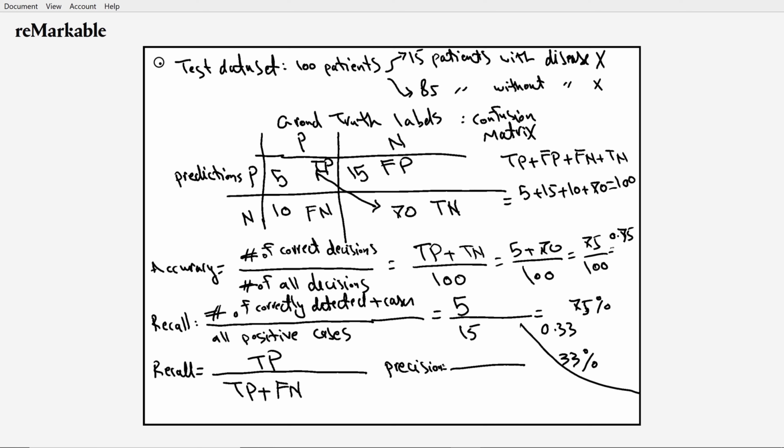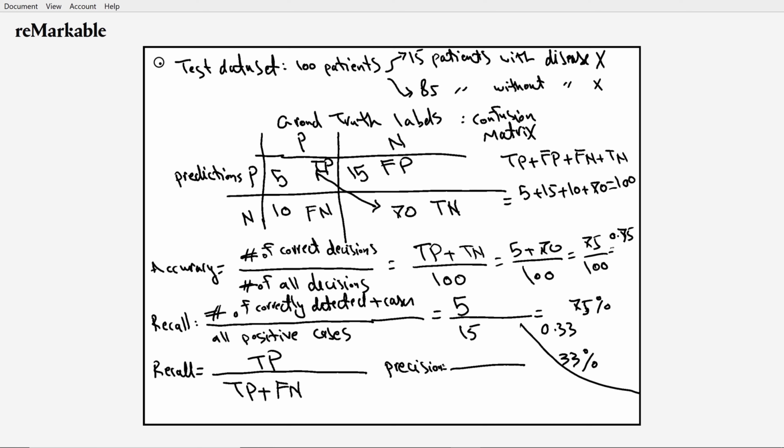So what precision means is that your model is looking at every single record and it's making a prediction, positive or negative. Now, if you look at the set of all positive predictions by your model, every time your model says, here is a patient with a positive prediction, if you look at that population that are predicted to have the disease, what percentage of that population actually has the disease? So what percentage of your positive predictions are actually positive?